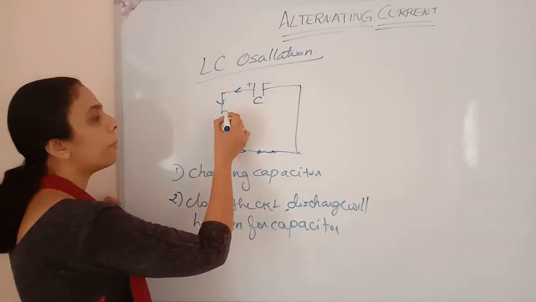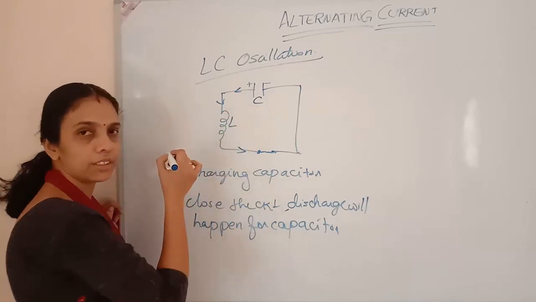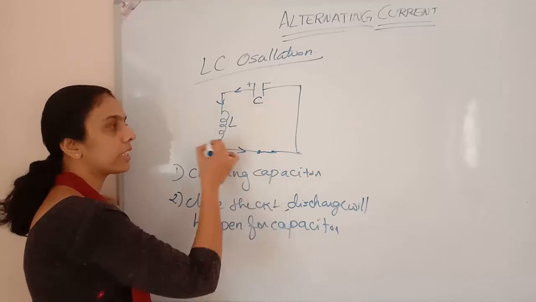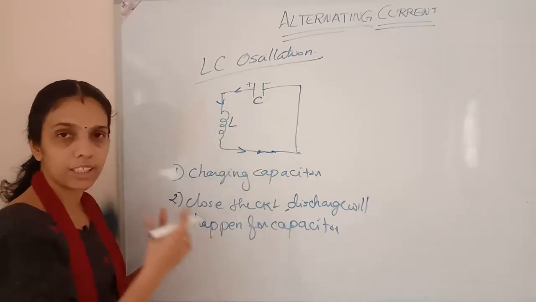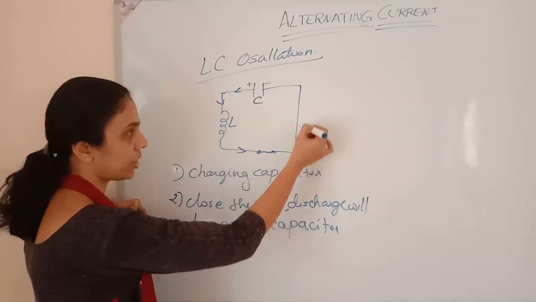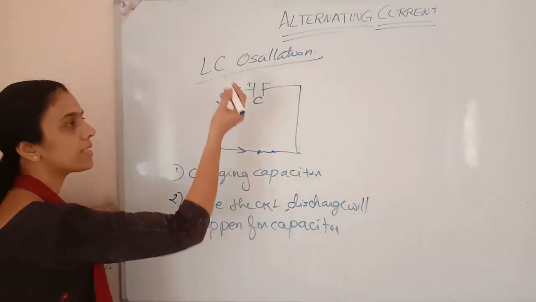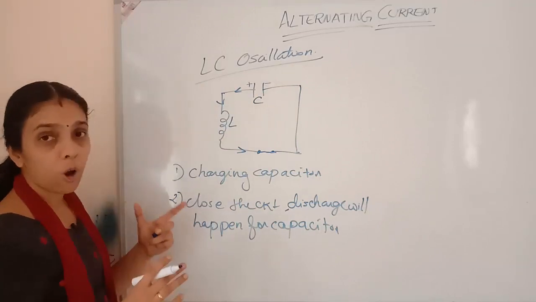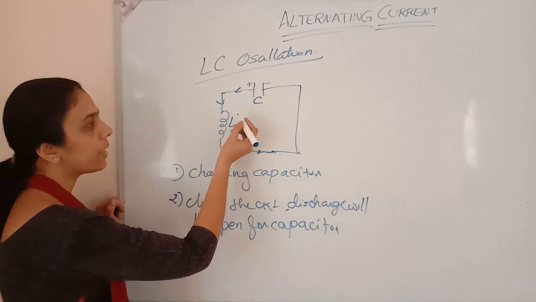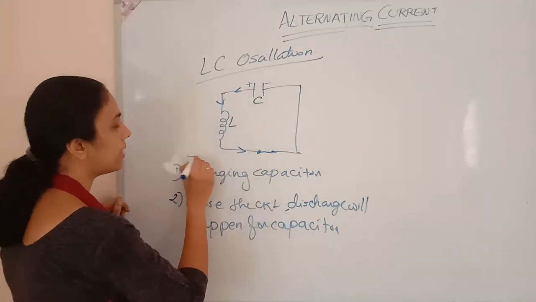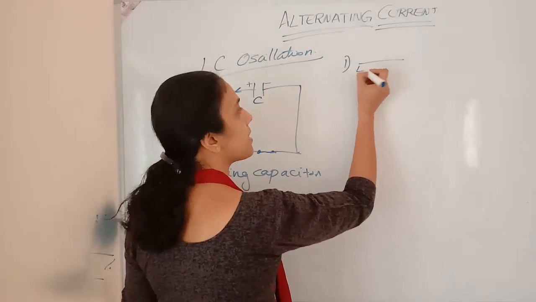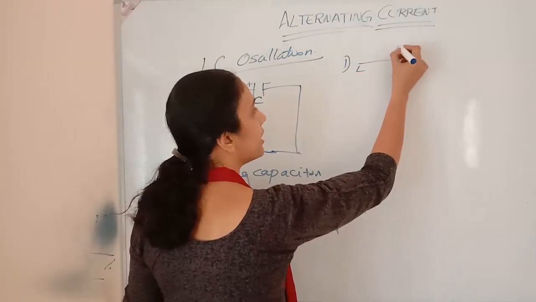Now the flux linked with the circuit changes. The current is moving, so the magnetic field linked with the circuit changes and EMF is induced. After some time all the charge gets dissipated. In the initial stage, the capacitor is fully charged.